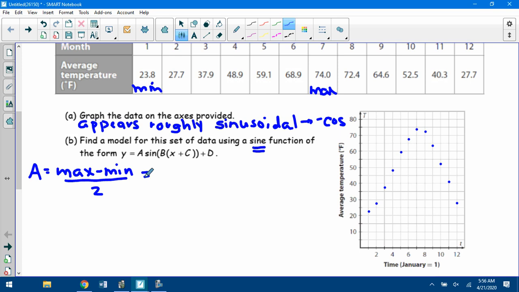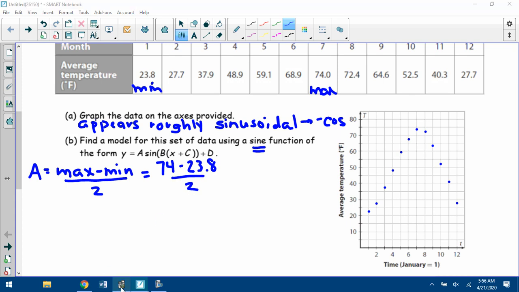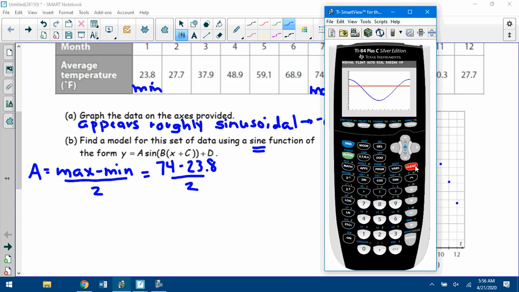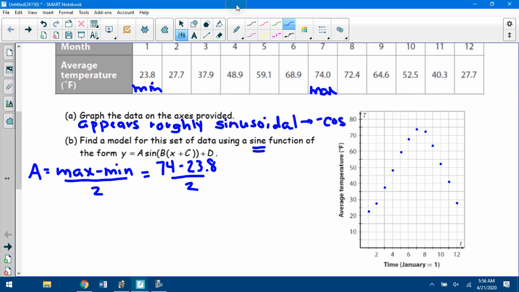Okay, so that would be 74 minus 23.8, all divided by 2. Let's do that in the calculator. 74 minus 23.8, hit enter before you divide by 2, and we get 25.1. Okay, so that's our A value.